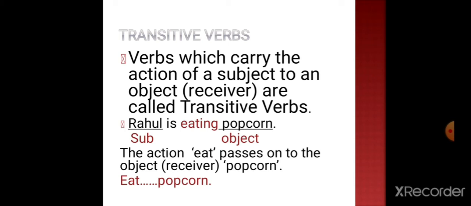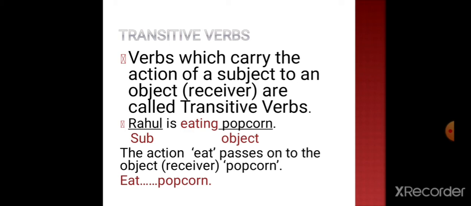Verbs which carry the action of a subject to an object are called transitive verbs. For example, students, Rahul is eating popcorn. Here, students, Rahul is subject, is eating is the verb, popcorn is the object.